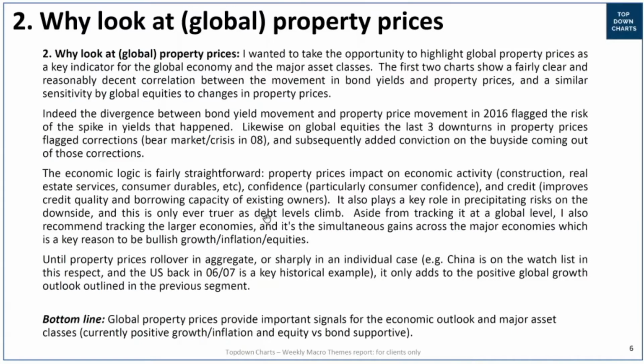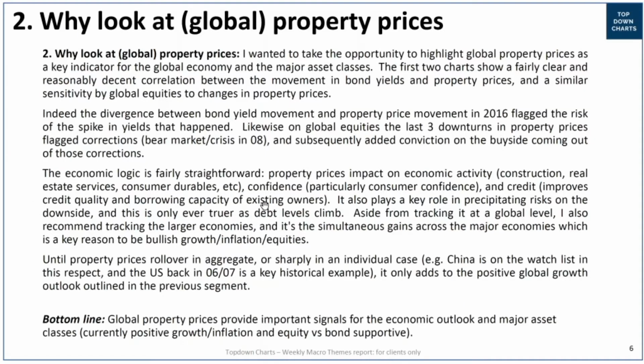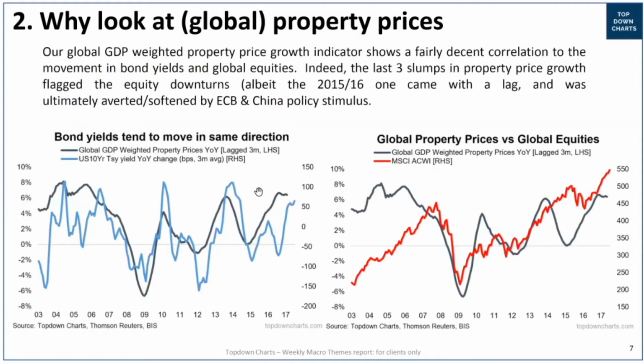And so, if we look at the charts here, these two charts take it a little bit further and take it as it applies to global markets. And this dark line here is the global GDP weighted property prices year on year growth rate.